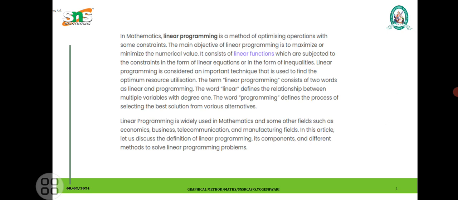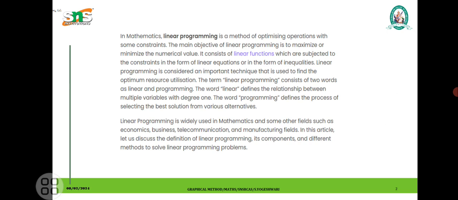Linear programming is considered an important technique that is used to find the optimum resource utilization. The term linear programming consists of two words, linear and programming. The word linear defines the relationship between multiple variables with degree 1. The word programming defines the process of selecting the best solution from the various alternatives.